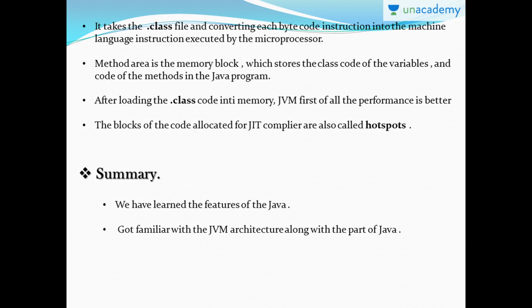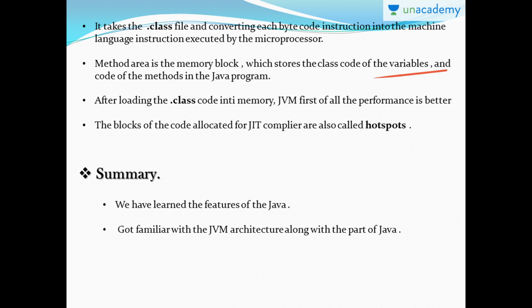As I said, the class file is first converted, each bytecode instruction, into machine language instructions. This is the main thing that JVM has to perform. The method area is a memory block which stores class code of the variables and code of methods.